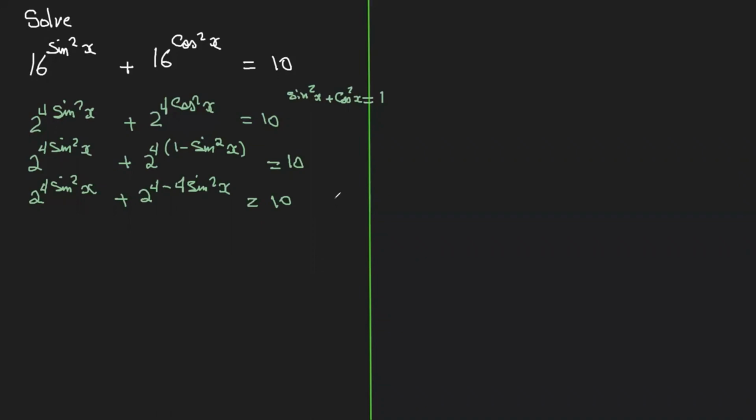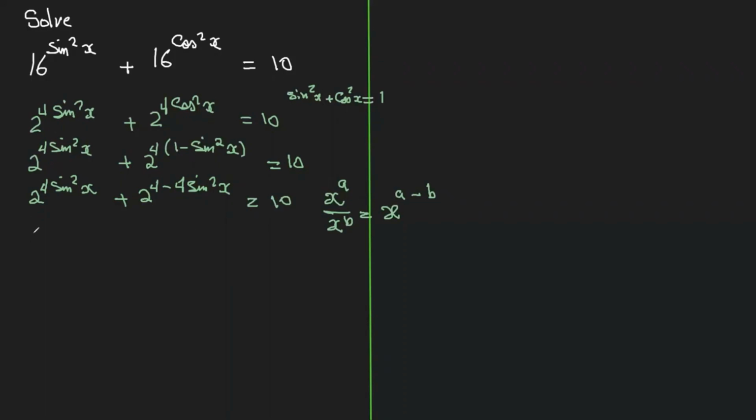Now we're going to use the exponent law, which is x to the power of a over x to the power of b equals x to the a minus b. And here basically the x is 2 and a is 4 and the b is 4 sine squared x. So basically we're going to go backwards, from here to here.